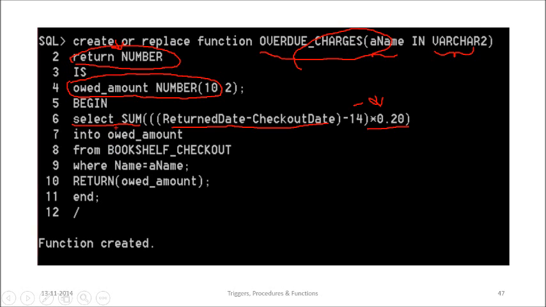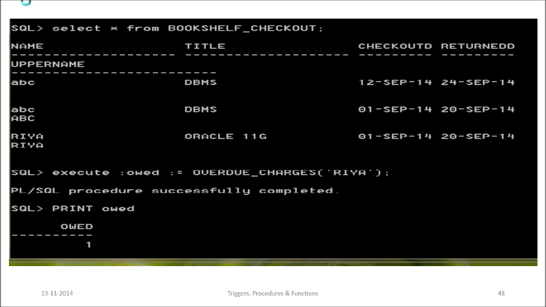The calculated sum is stored in the owed amount. This is calculated from the bookshelf checkout table, where the name specified is taken, and we are returning the owed amount. Initially we are looking at the contents of the bookshelf checkout table.